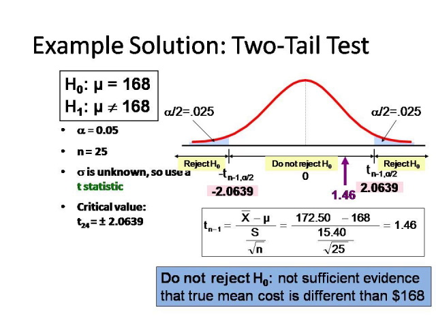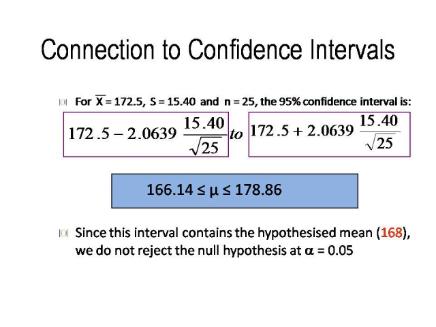$172.50 is still close enough to 168 that it's likely to have occurred with the null being true. So every time you do these, try and remind yourself, even though you've got your formal conclusion, remind yourself of what this is really saying. And again, you could work out a confidence interval.